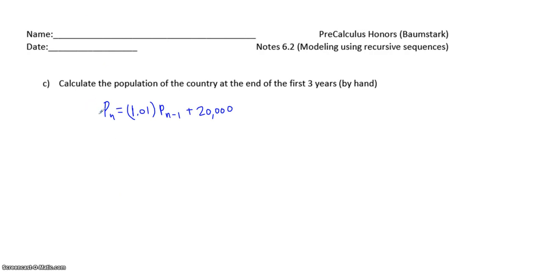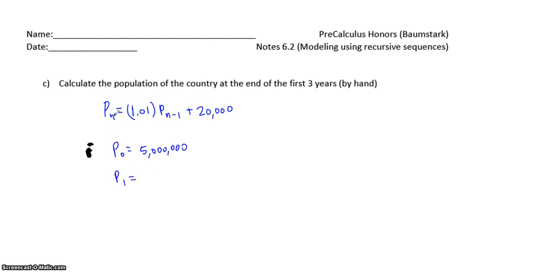So in part C here, I'm asking you to calculate the population of the country at the end of the first 3 years by hand, just to go through the motion of doing the actual sequence. We already know that P0 equals the 5 million people. P1 then, we just go ahead and put it into this formula.